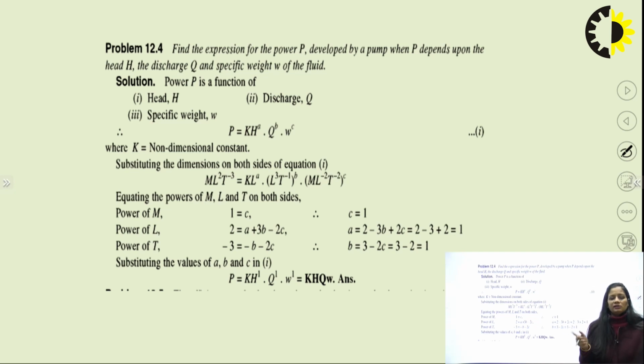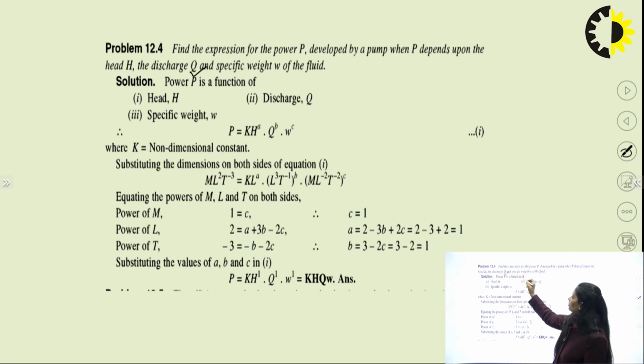When it is not, we go to the Buckingham Pi theorem. In this question, the power is the dependent variable, and it depends upon head, discharge and specific weight.